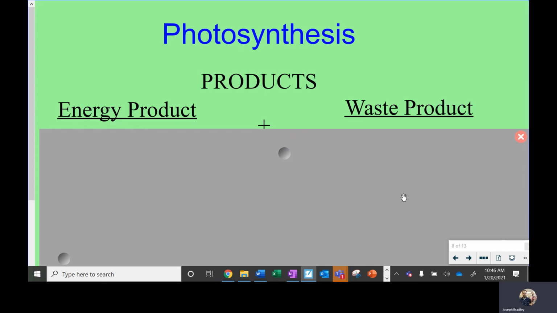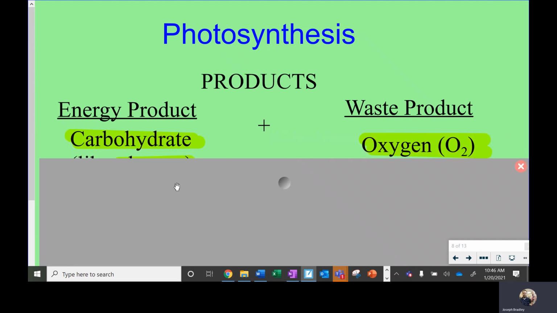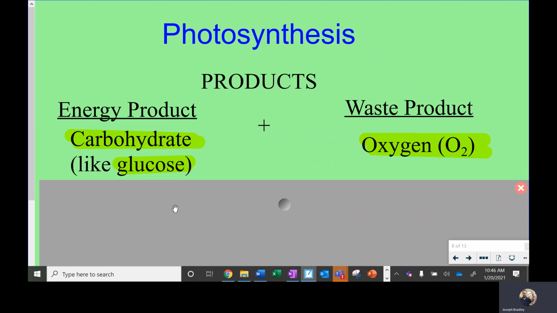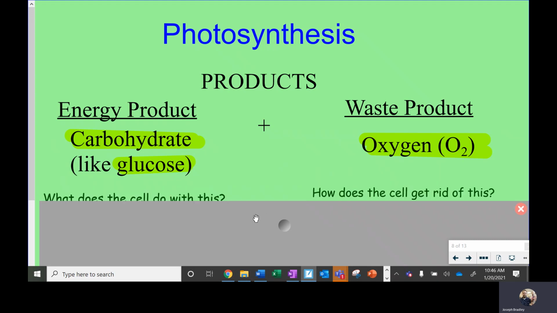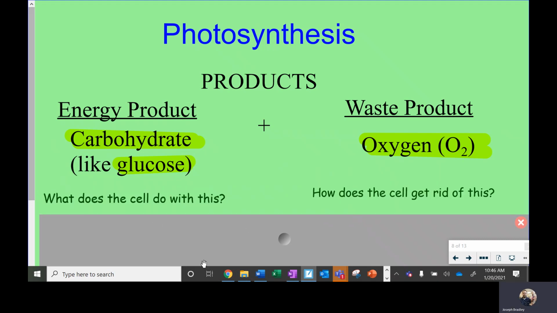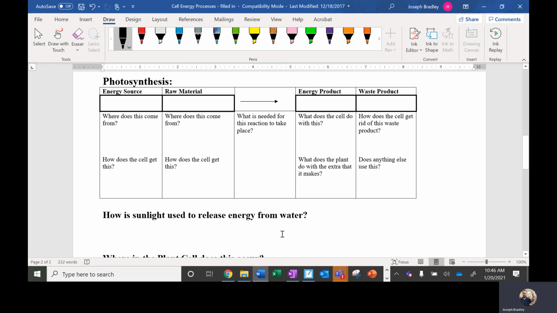But then you have the energy product. The energy product is the main thing that's made by photosynthesis, and that's going to be a carbohydrate or glucose. And then your waste product is going to be oxygen. So if we go back to here, now we have all the different parts. Our energy source is going to be water.